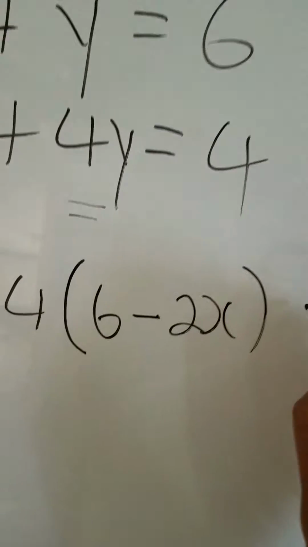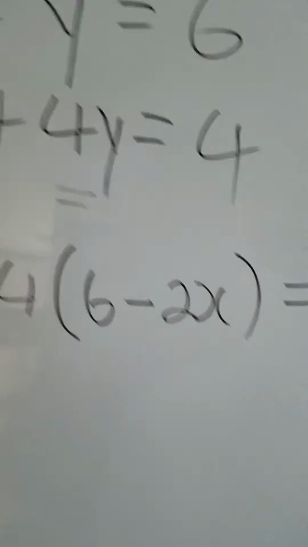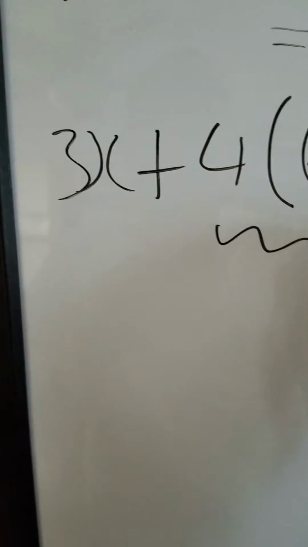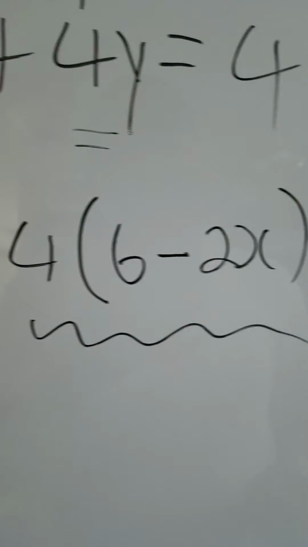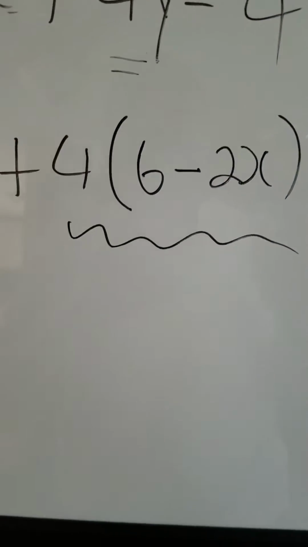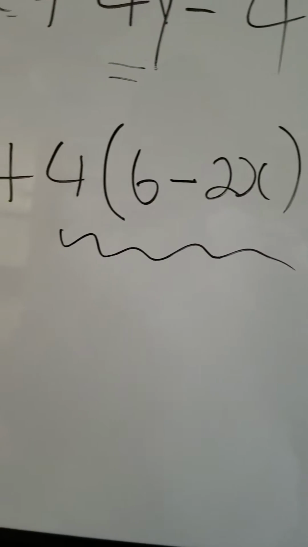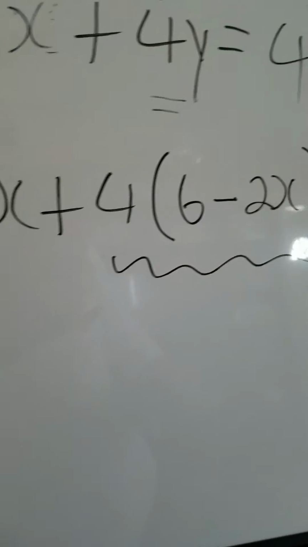We still have to put our equal sign back, and we put 4 back. Now we'll have to distribute the 4 to each term inside the parentheses. If you have trouble with distribution, please check out my video on distribution for a quick reminder on how to distribute.